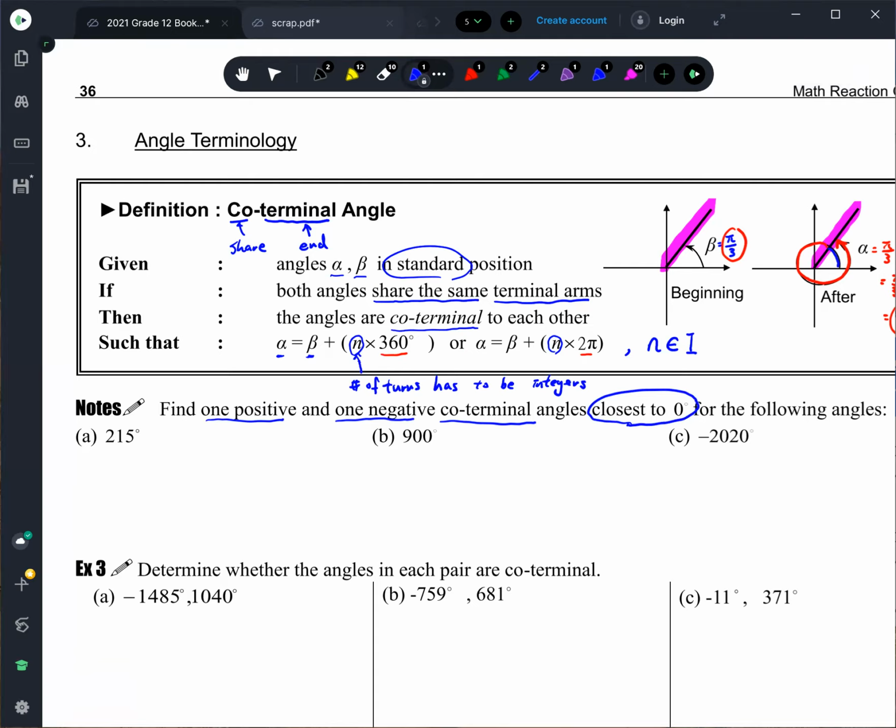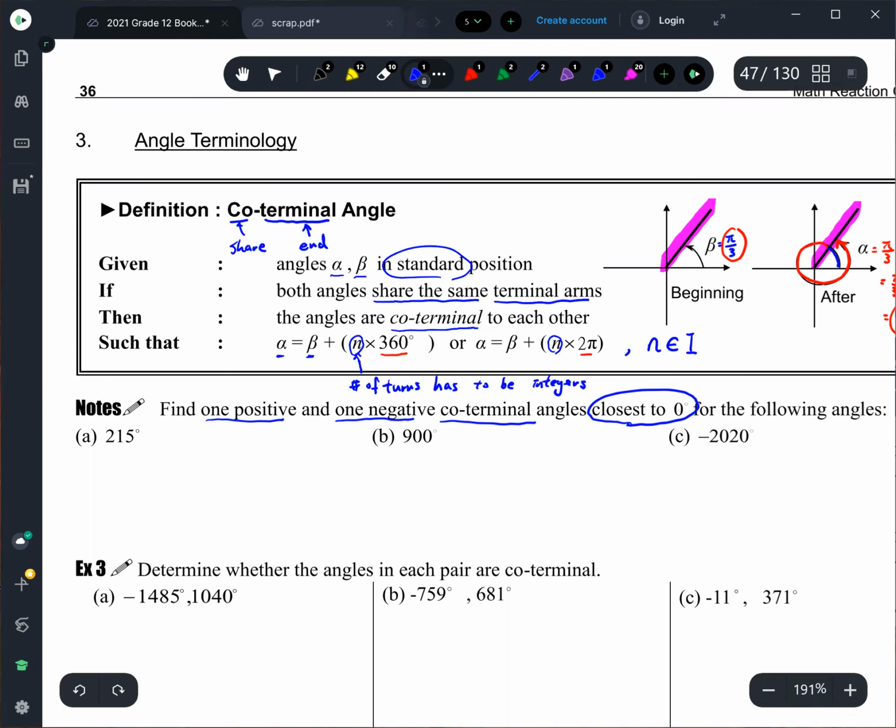If you go positive coterminal, it can keep on adding 360 forever: 1 turn, 2 turns, 3 turns. On the answer key, we don't know how many turns you make, so the answer key only shows the one that is closest to 0 degrees, meaning you don't turn too many.